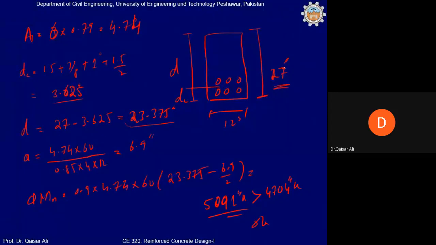If we select a depth less than 27 inches, then the reinforcement coming in the beam will be greater than the maximum reinforcement allowed in the beam. आप खैर इसी प्रॉब्लम को खुद प्रैक्टिस करें. चलिए आपकी प्रैक्टिस भी हो जाएगी. आप 24 इंच डेप्थ ले लें और उसके लिए reinforcement.